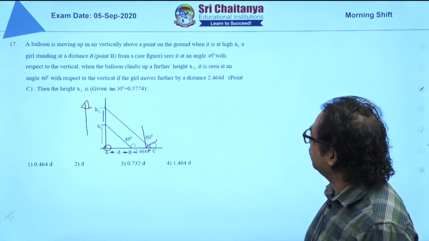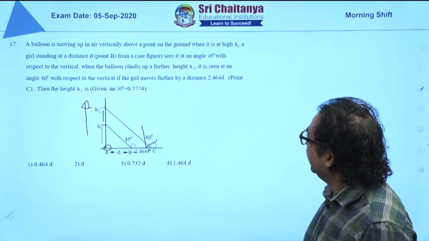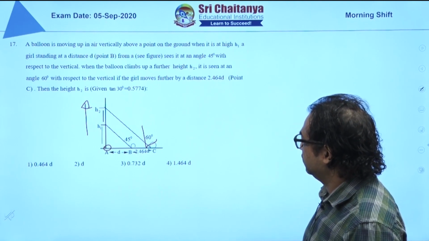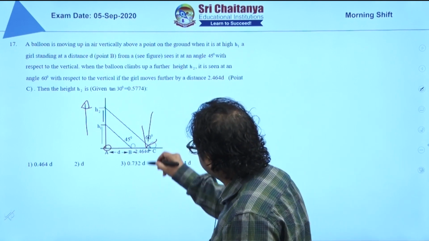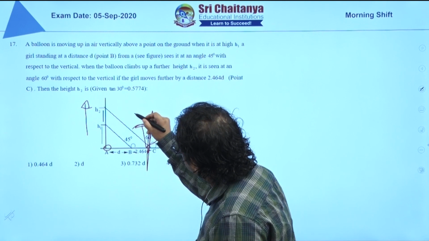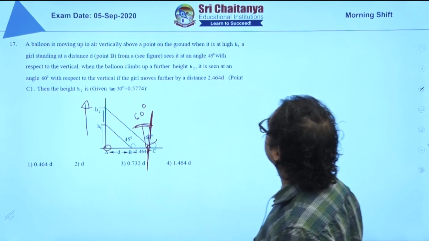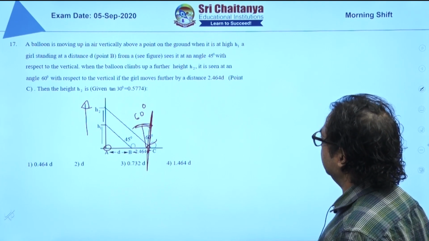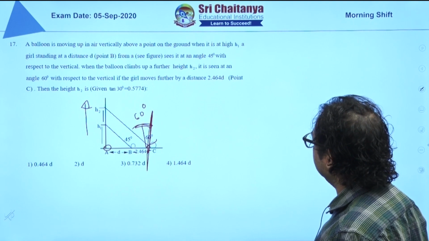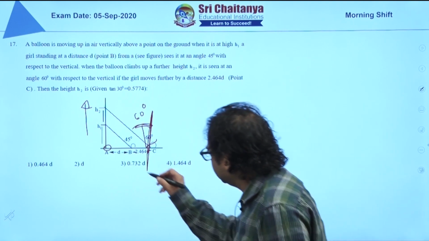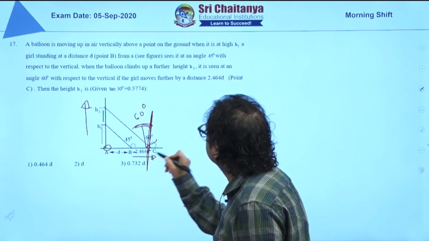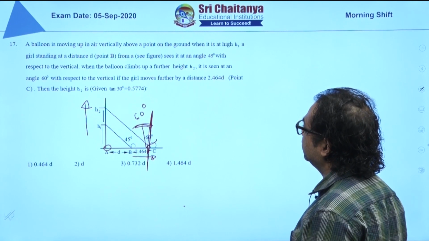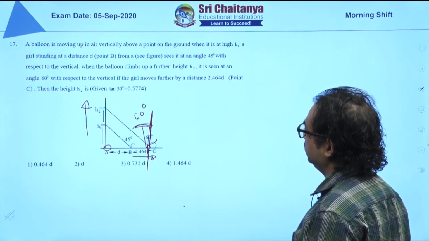When the balloon climbs up a further height h2, it is seen at an angle of 60 degrees, this angle being with respect to the vertical. If the girl moves further 2.464 d, then what is the height h2, that is what it is asking.